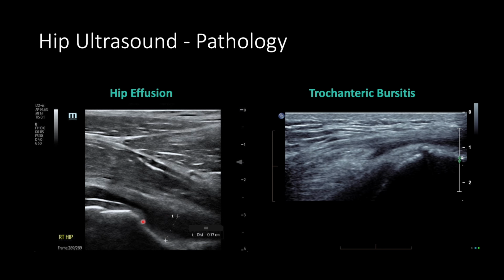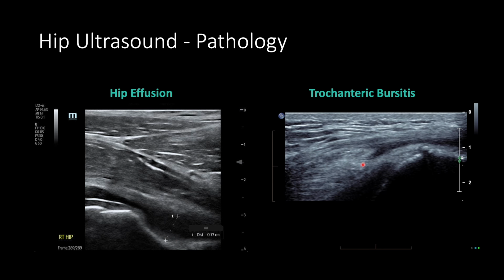Normally this would be all pushed down together, and there wouldn't be a large collection of anechoic fluid here. We see about 1 centimeter of distance with this anechoic fluid collection in that joint recess above the femoral neck, and that is characteristic of a hip effusion.